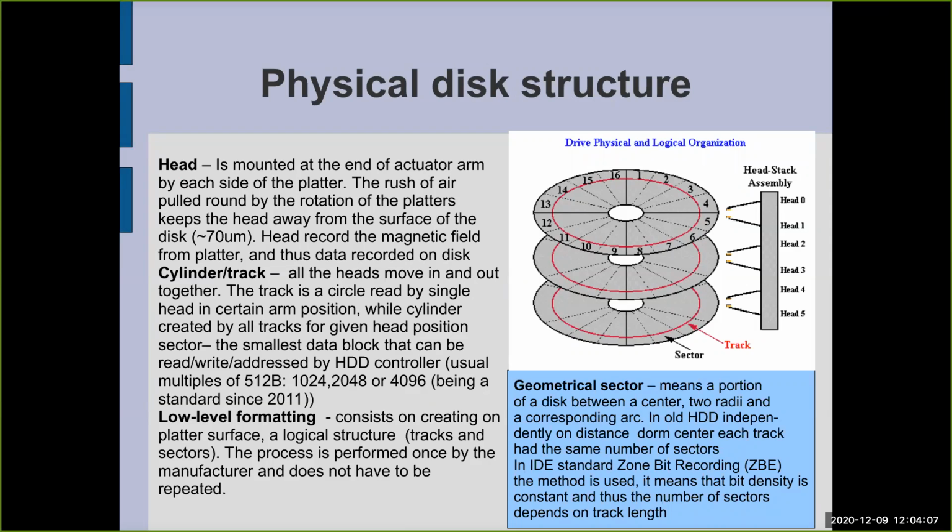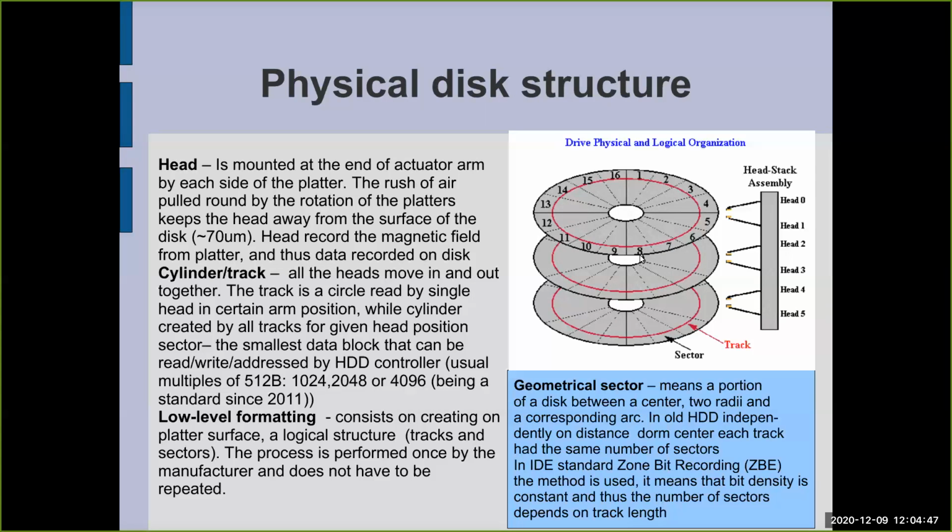Here you have the physical data structure. It is only to explain particular terms. On every plate, we have something which is called a track. Tracks are circular paths with a fixed radius.